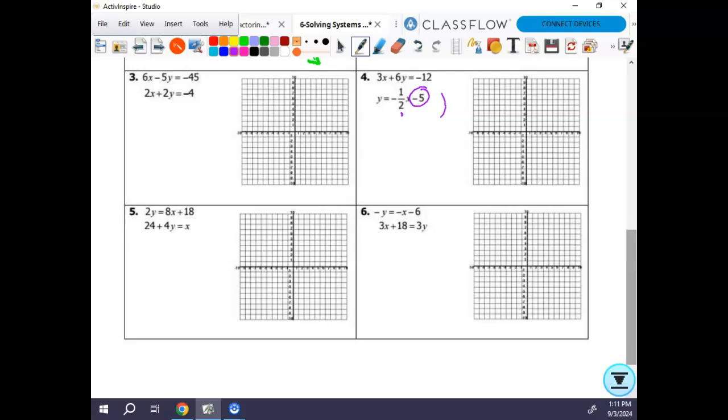So I could just look at the intercepts here instead. So for this one right here, if I zero out the x, if this part is 0, then that gives me -5y equals -45. And then what would y equal? 9. So my y-intercept is at 9.